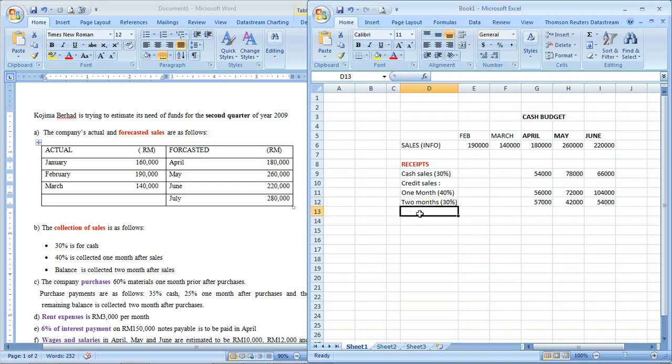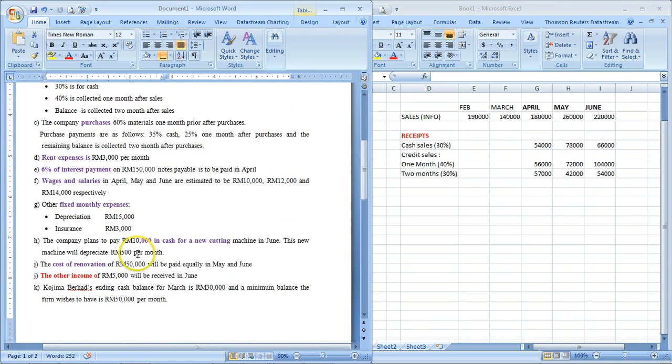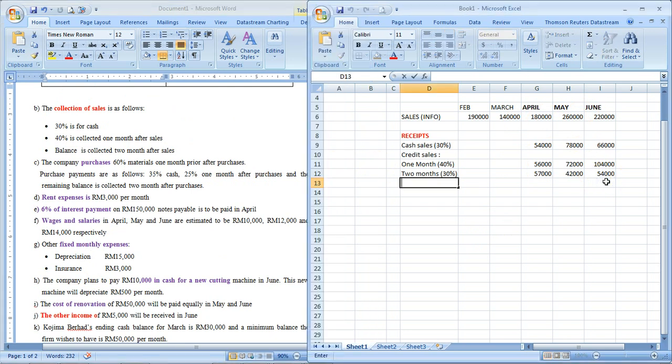Okay. Now done. Any receipt? I scroll down, you see I have highlighted already. The red color is for receipt. 5,000 will be received in June. Alright, June. So I put 5,000 in June.